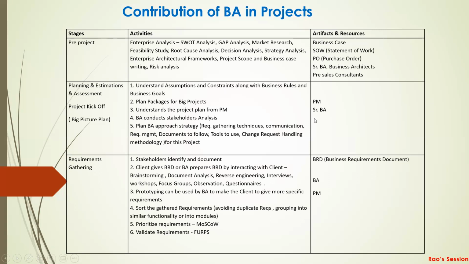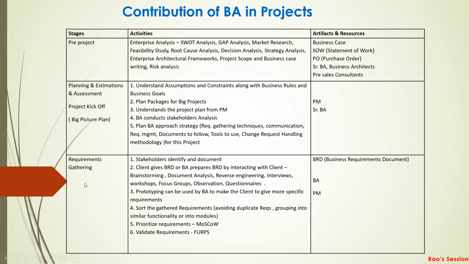This is the second step. If you are claiming experience, you can quote this: I was involved in this stage, in coming up with a BA approach strategy, what techniques you used, what documents you planned to deliver, and how you would handle the CR. All this we can address here if you are aware of it.